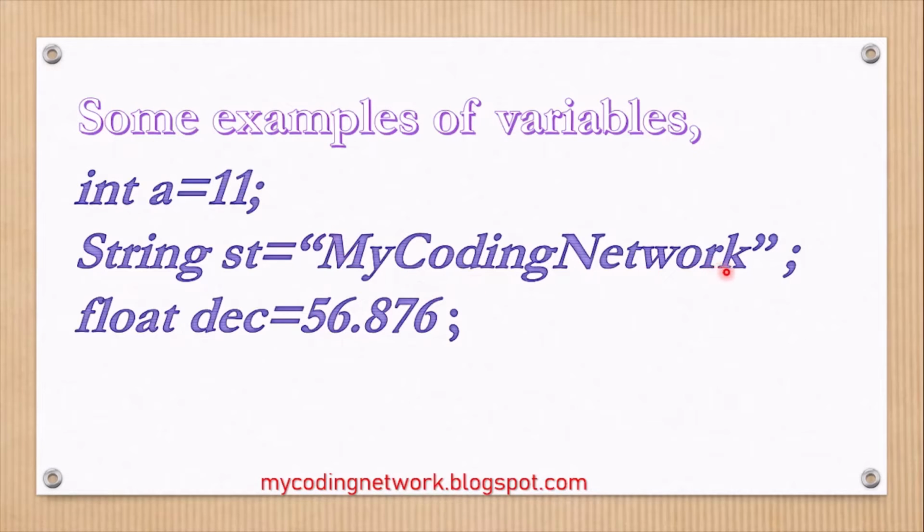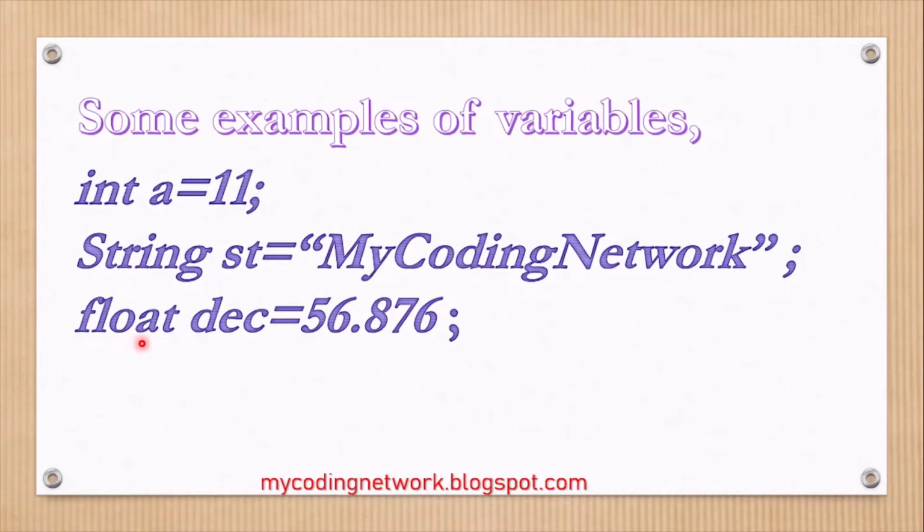Over here I could have also stored the value 56.876 within double quotes, or I could have written my coding network combined with 56.876 in double quotes. Whatever we store in a string variable has to be in double quotes.